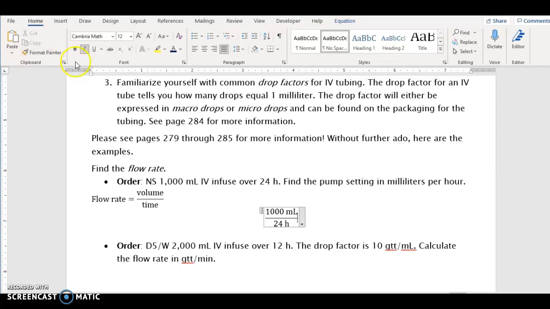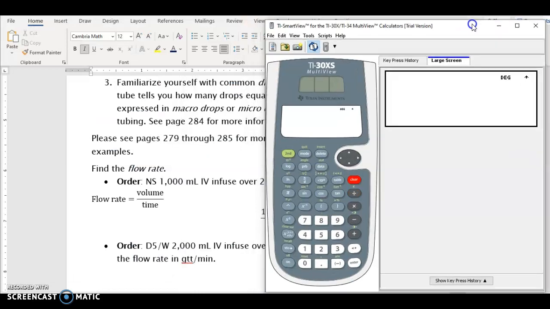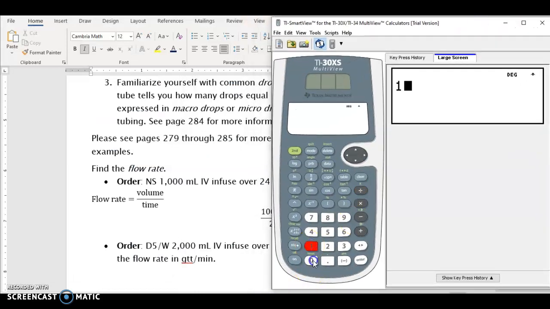And what we want to do is simplify that as much as possible. So we put that in our calculator: 1000 divided by 24. If we don't get a nice whole number, we get this decimal. Let's go ahead and round it to the nearest whole number.